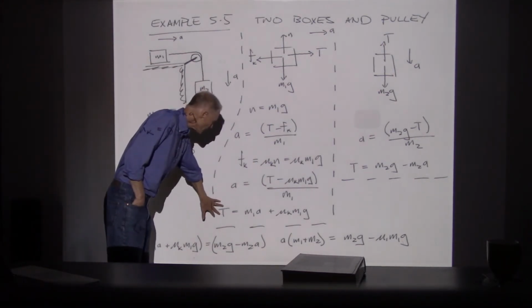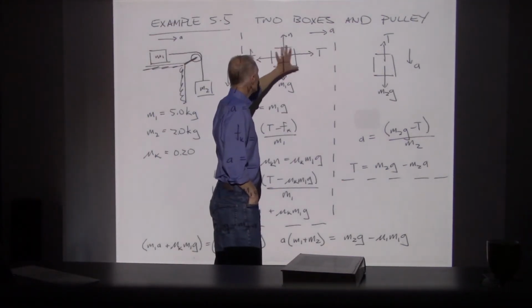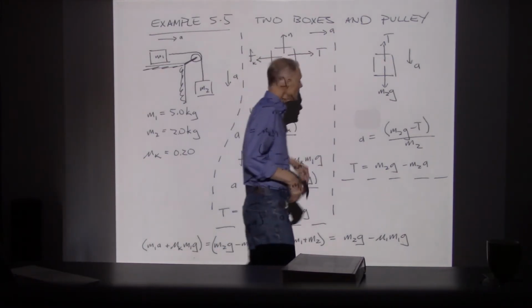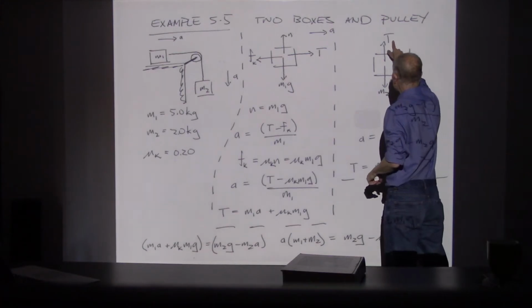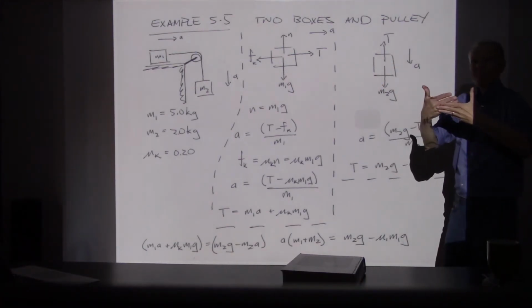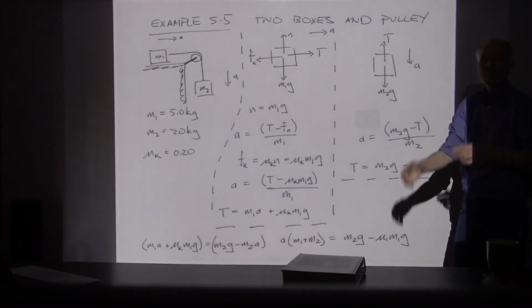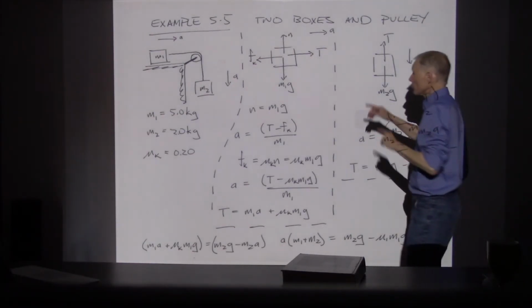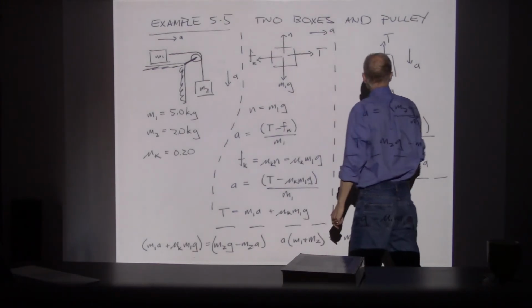Now I've solved that for T, and I can also solve this object's motion in terms of T, and then I can splice the two equations together because the T in one is the same as the T in the other. That's important. Remember, the tension all the way through this cable matches.